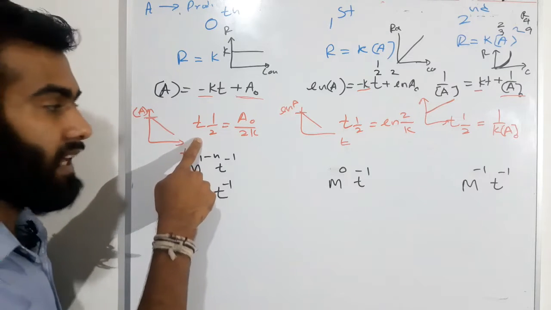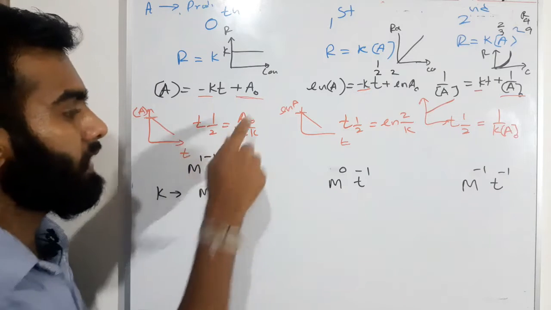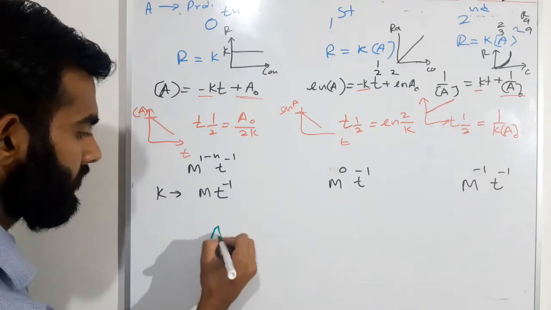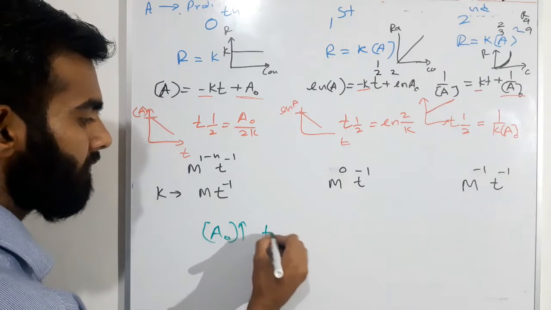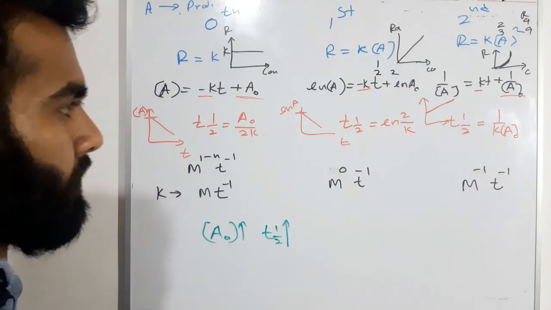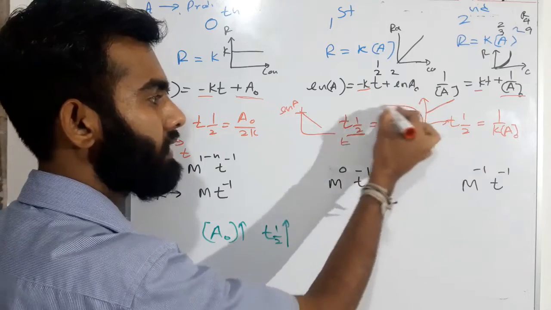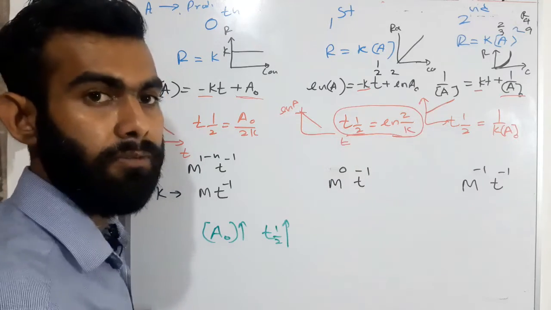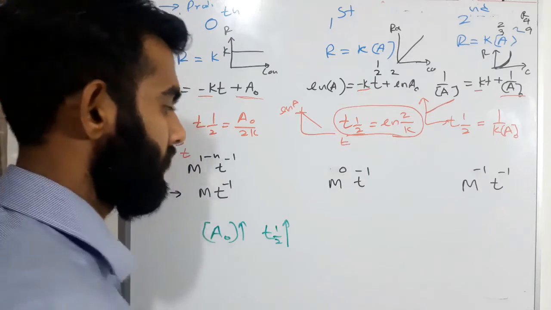If you consider half-lives in zeroth order reactions, if we increase initial concentration, half-life will be higher. In first order reaction, half-life is not affected by the concentration.